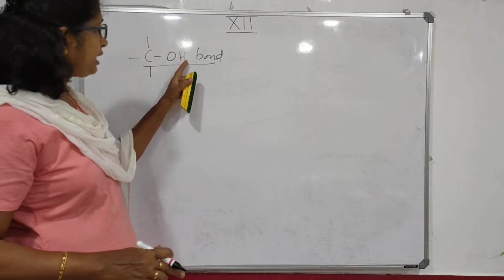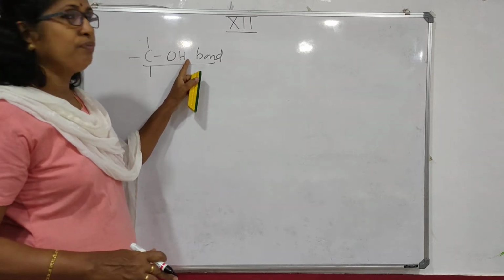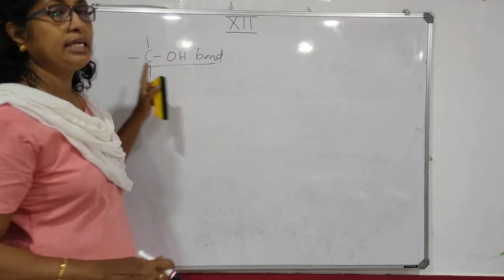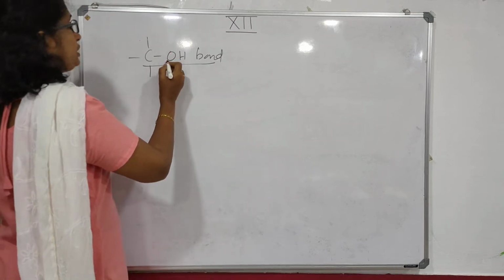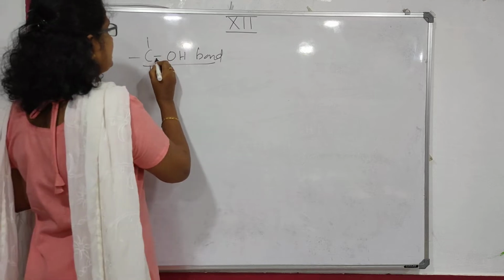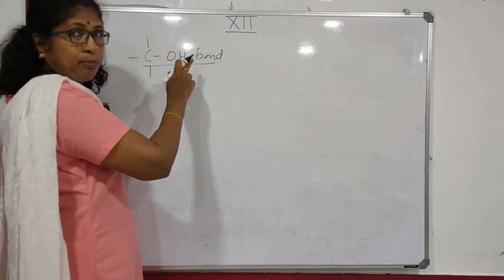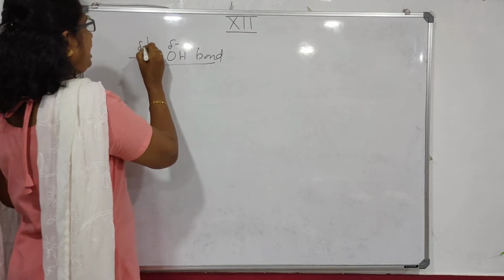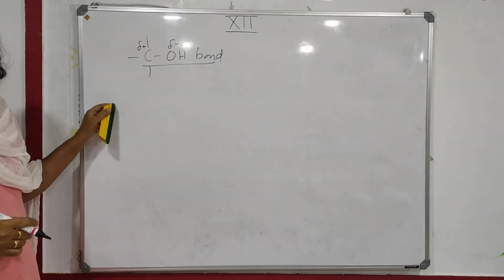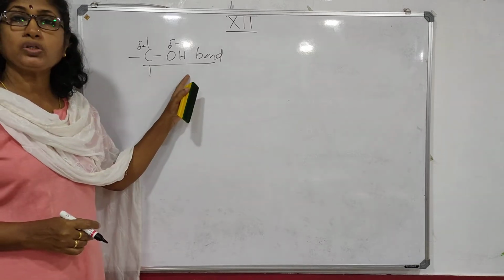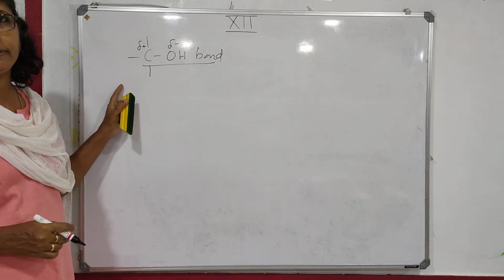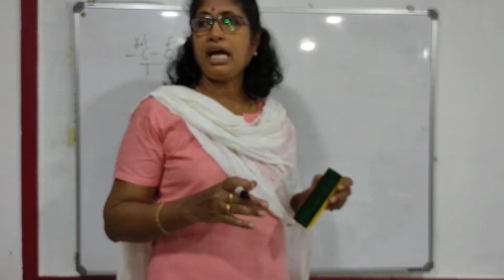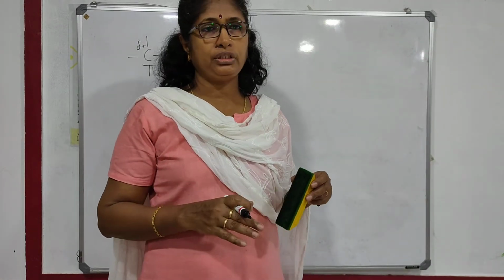The other unhybridized p orbital of the oxygen overlaps with the s orbital of hydrogen. So this is the nature of the OH bond. Since oxygen is more electronegative, the electron pair will be shifted more towards oxygen, and oxygen will get a partial negative charge and the carbon a partial positive charge. So the carbon-oxygen bond is polar in nature due to the higher electronegativity of oxygen.